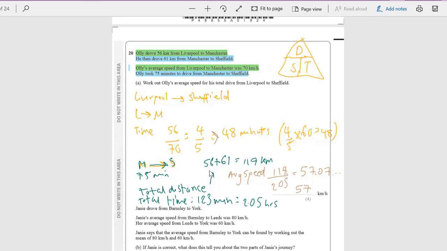And then so the total distance was 56 plus 61, which is 117, and then total time was 48 plus 75. So we convert that into hours, 2.05 hours, because we want our answer in hours. So 117, so kilometers, divided, that forward slash is divided sign, by hours, so 2.05, which gives us 57.07 and so forth. So two significant figures, 57 kilometers per hour.